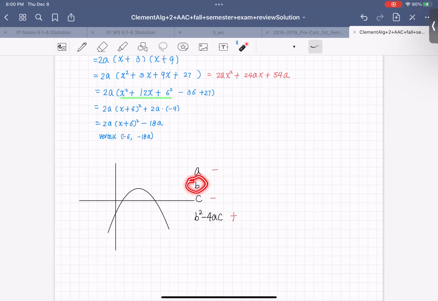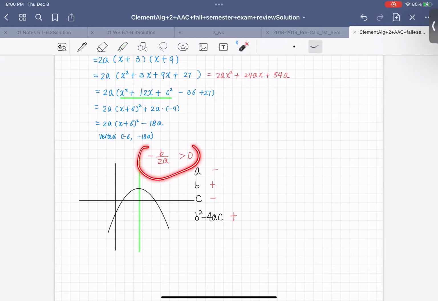H equals negative b over 2a, because of the line of symmetry. This is negative b over 2a. This is positive, right? Yes. And then your a is negative, so b has to be positive so that this is positive, right? Yes.